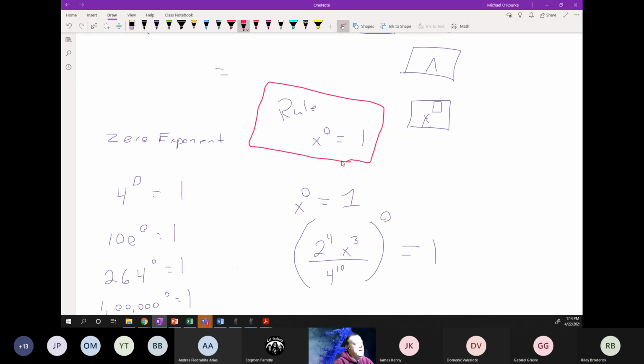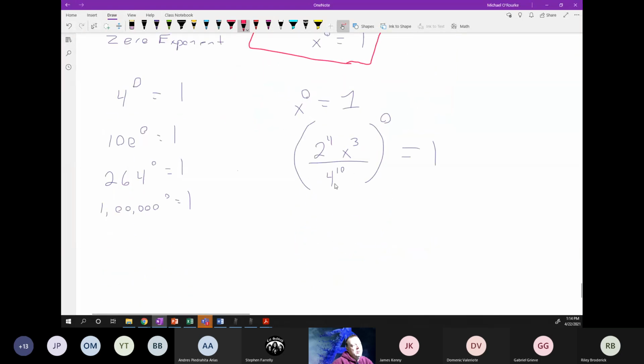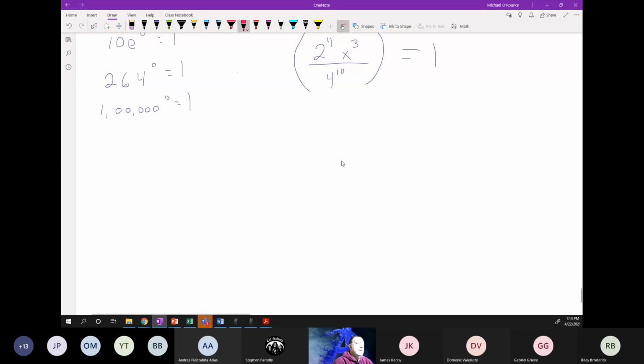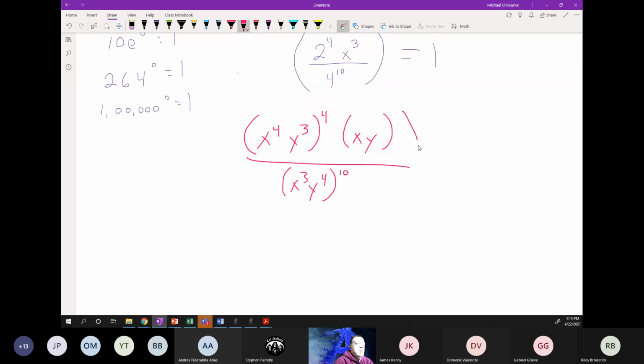So whenever you see anything to the power of 0, like this could be a super long question. I could give you a question that would take you 10 minutes to do. That looks like a long question, right?